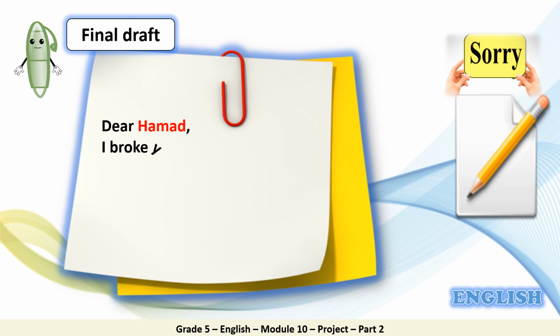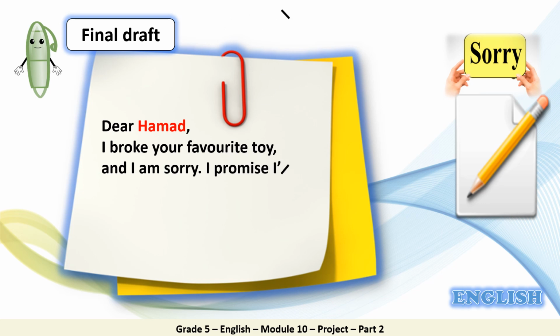I broke, I capital, then broke, past tense, your favorite toy, comma, and I'm sorry. Look here, I capital, sorry with double R, then full stop.